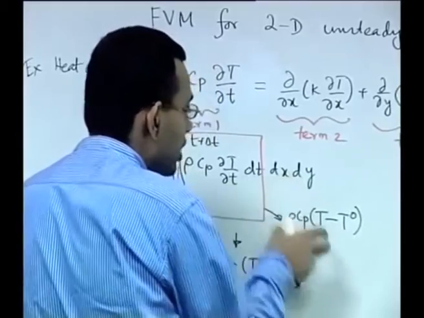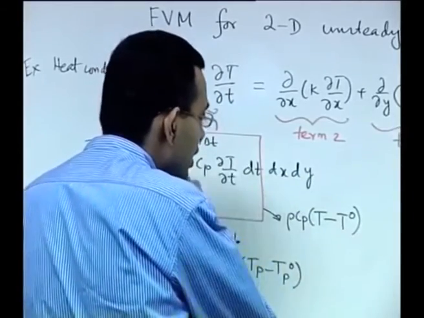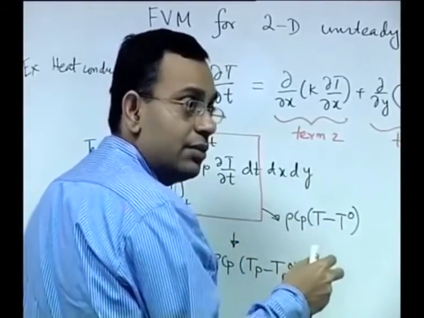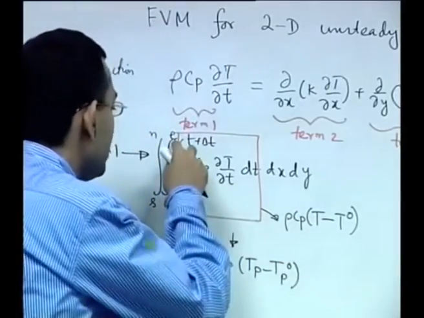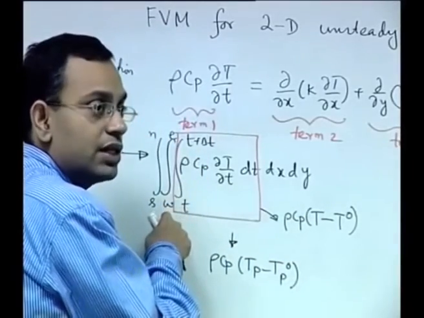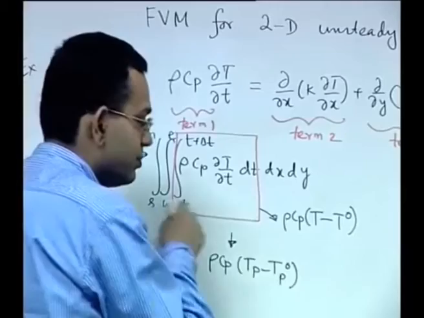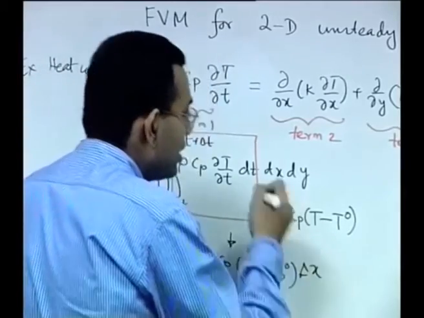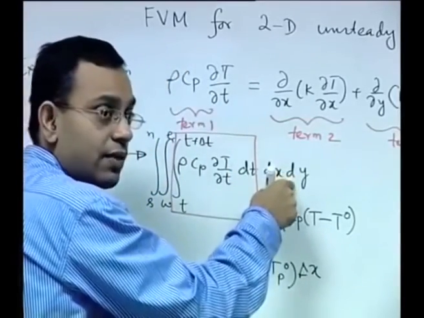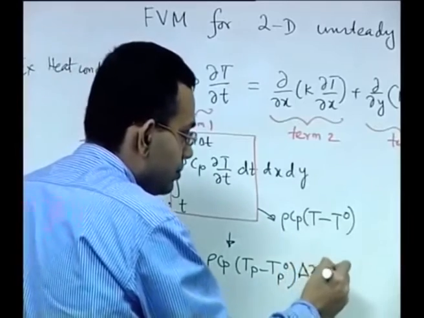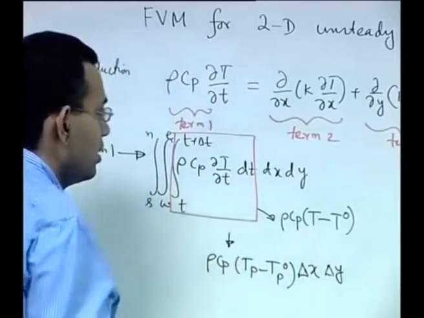This whole thing is a constant, so it will come out of the integral. dx will become x e minus x w, x small e minus x small w is what, delta x, and that integrated with respect to y is delta y. So that is the term 1.